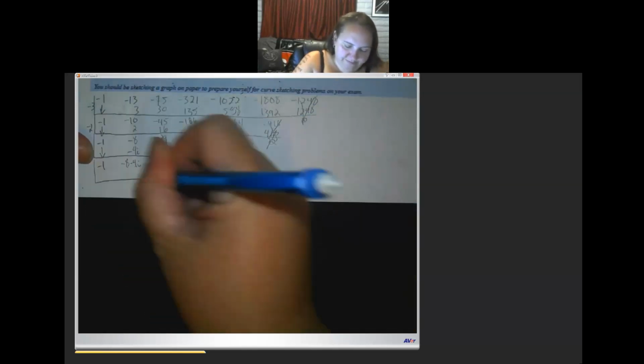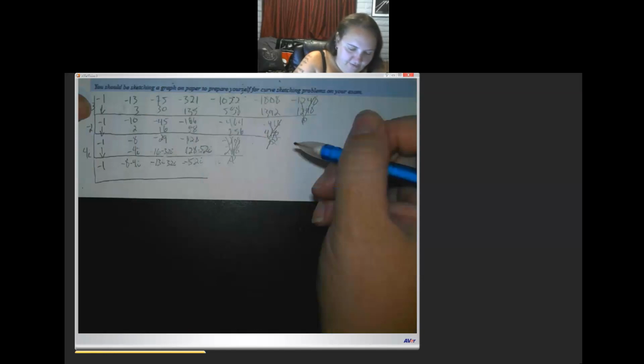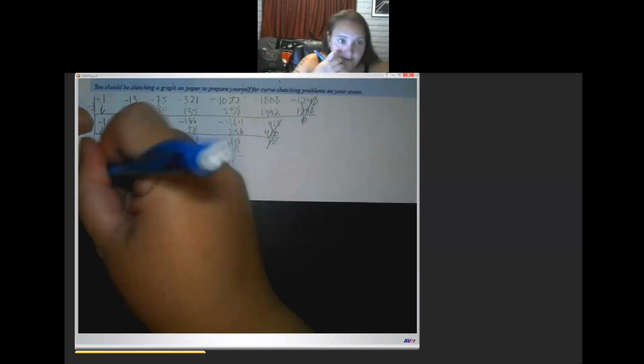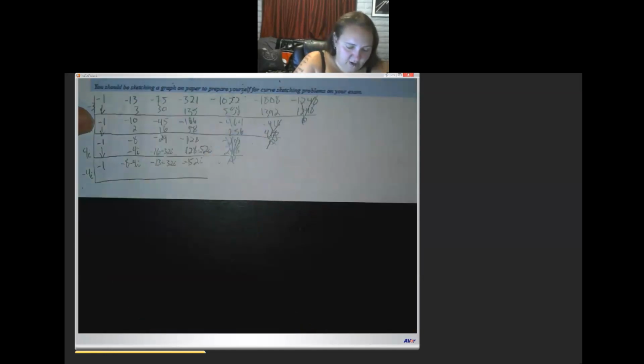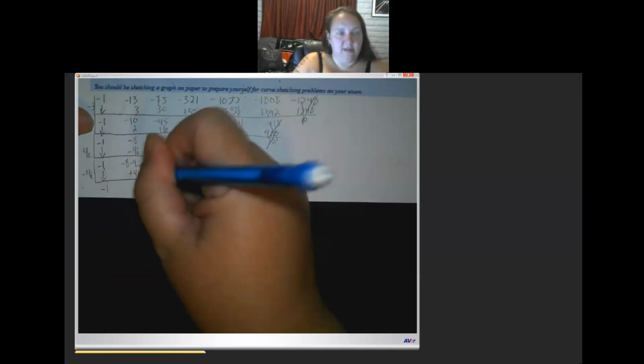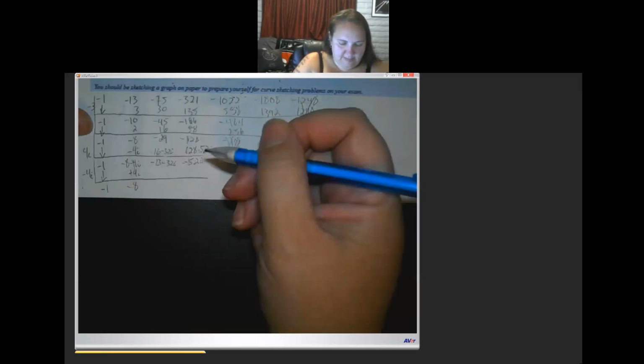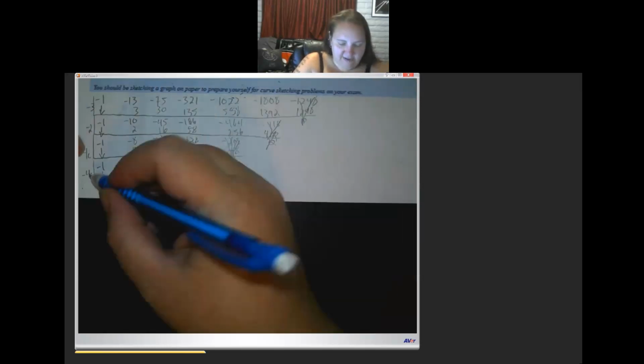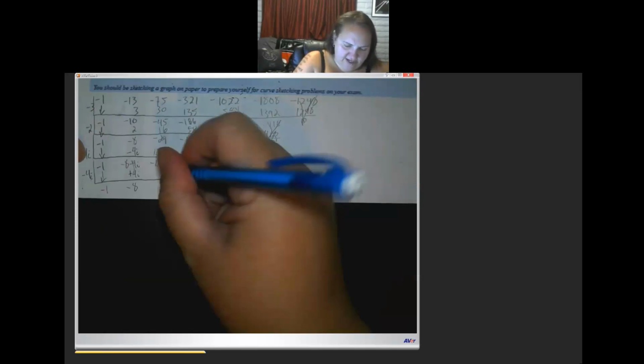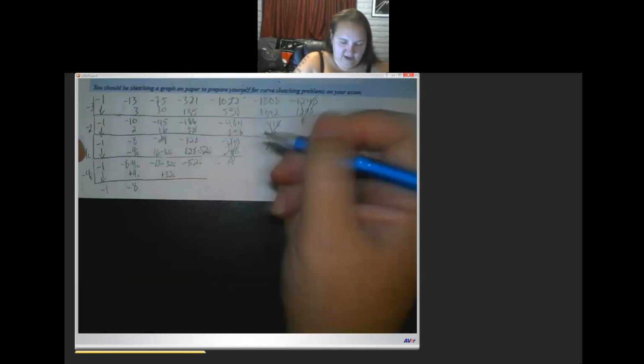One more. Negative 4i. Bring down the negative 1. It's going to be a positive 4i. These are going to cancel. Negative 8 times a negative 4i would be a positive 32i. These are going to cancel.